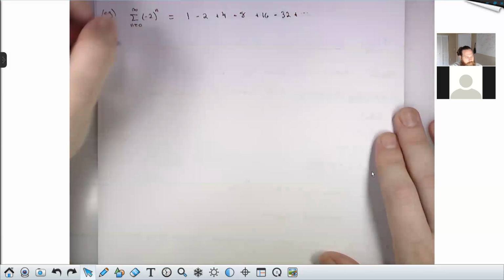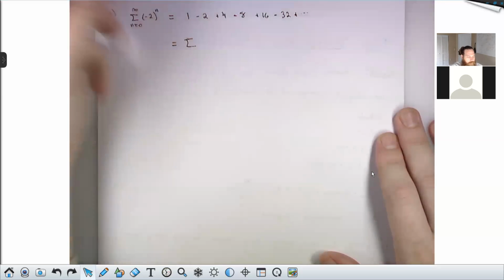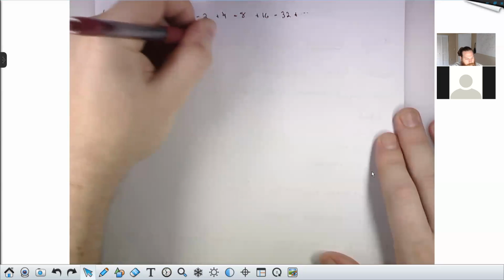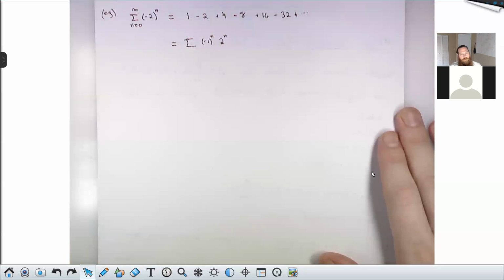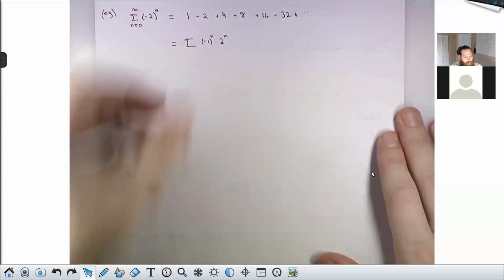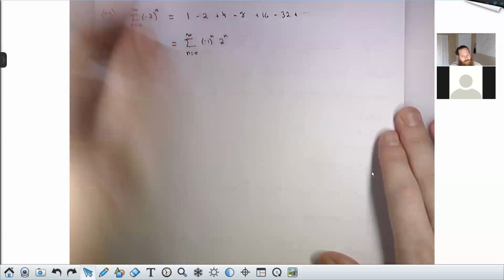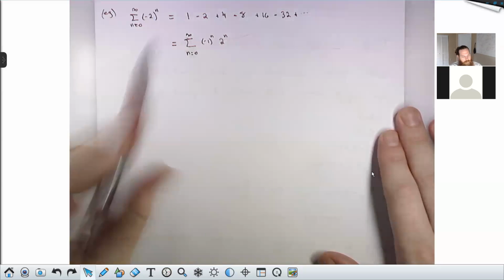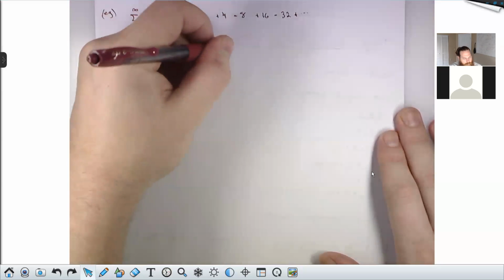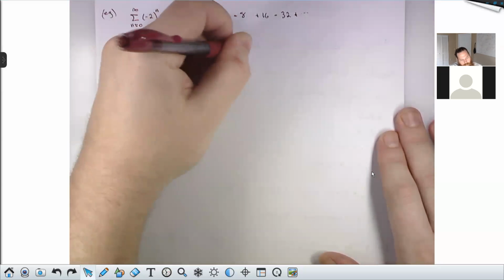But you can write this, in that form of an alternating series, as -1 to the n times 2 to the n. And then here the series would still start from 0, go from n equals 0 to infinity. So you can still write this as -1 to the n times some positive bn's here. So bn in this case would be 2 to the n.